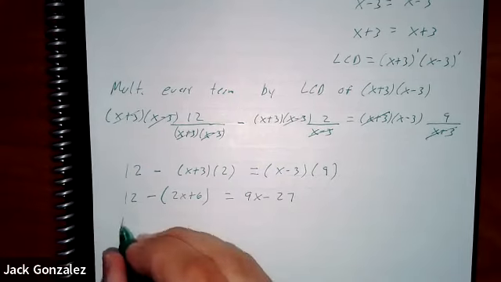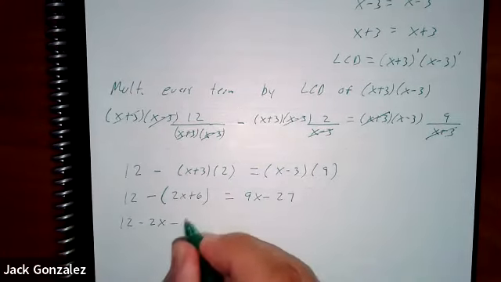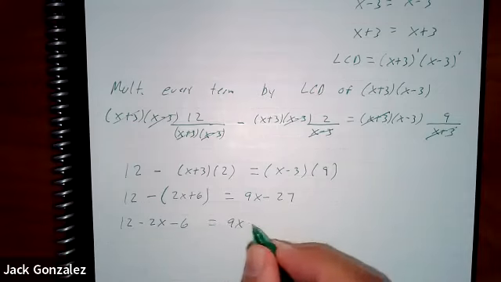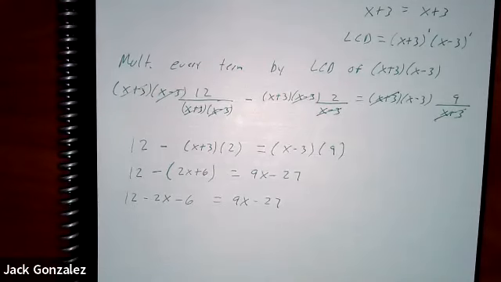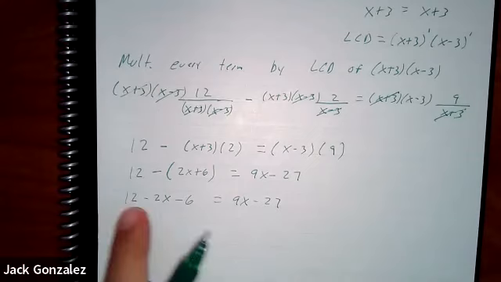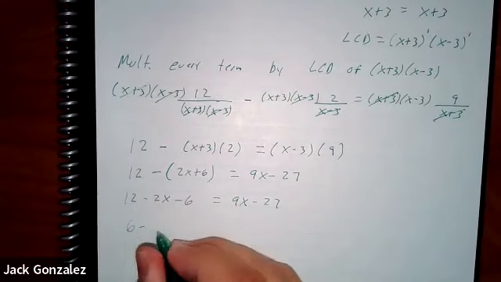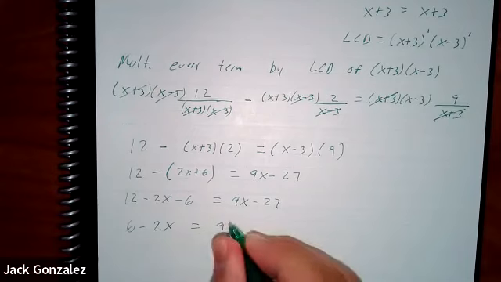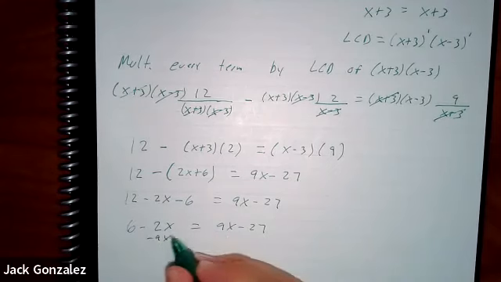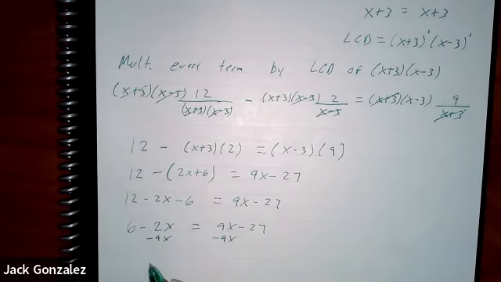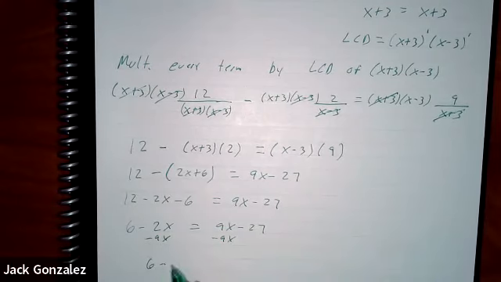Okay, then just let me know. Distribute your negative, at this point, just solve for X. That's it. 12 minus 6, combine like terms. I'm gonna subtract the 9x over here.